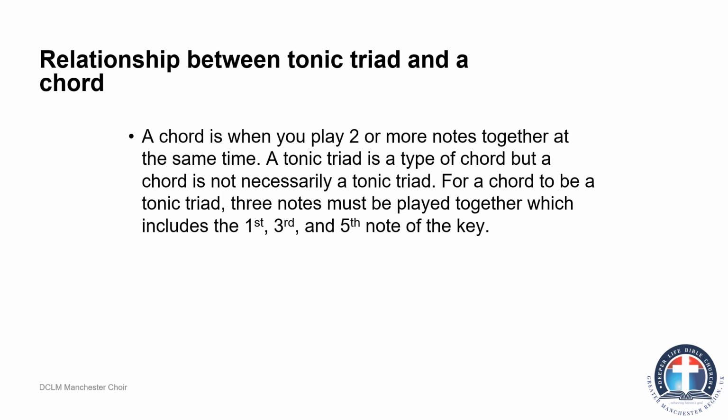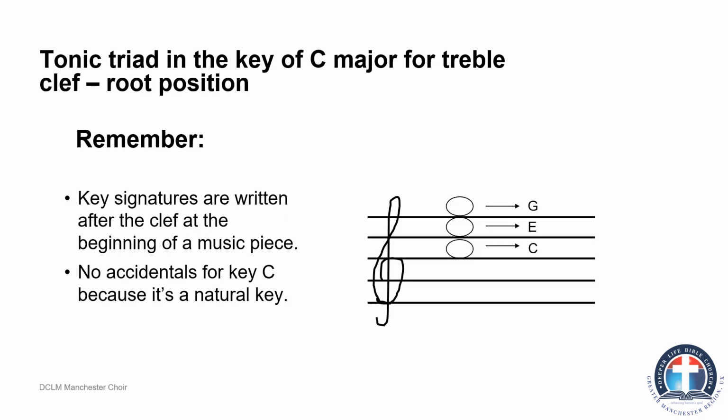So for a chord to be a tonic triad, three notes must be played together, and that includes the first note, the third note, and the fifth note. Is that all right? Okay. Now, a tonic triad in the key of C major for treble clef root position. Okay, brings us to that key now.